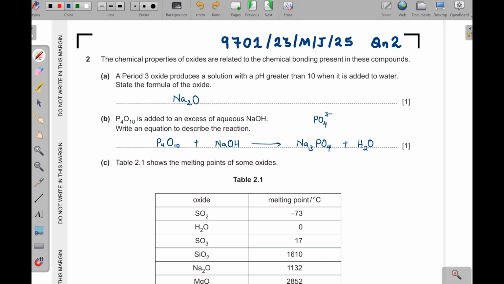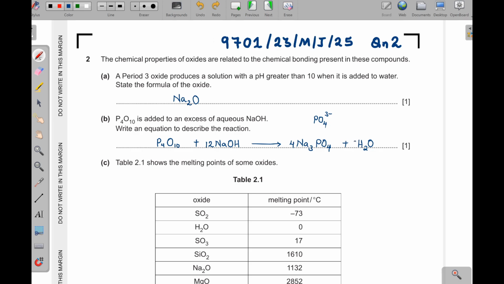Now we need to balance this one here. I can put a 4 here because there are 4 phosphorus here. So when I put the 4, I will balance that, right? And then what will be sodium? Sodium is 4 times 3, that is 12. So I'll put 12 here. You see that? And then hydrogen is going to be 12 here.